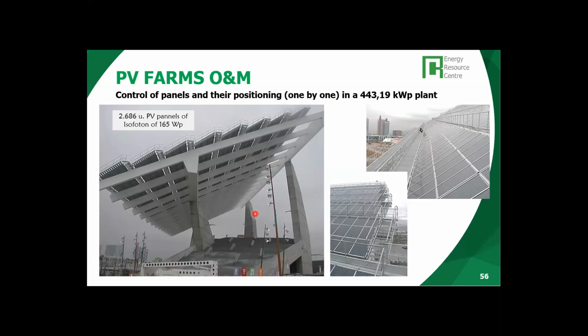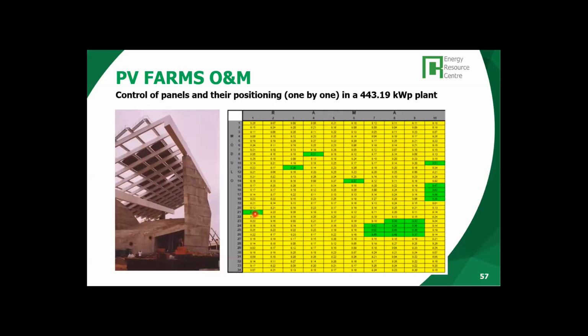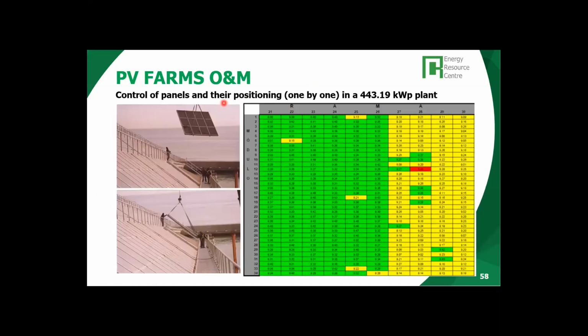A huge structure made up of 4 layers of different heights and slopes supports 3,400 square meters of panels, with a maximum structure height of 54 meters above sea level. The sea is near here. It's very important to make the whole installation right the first time, because it's not possible to correct it later.